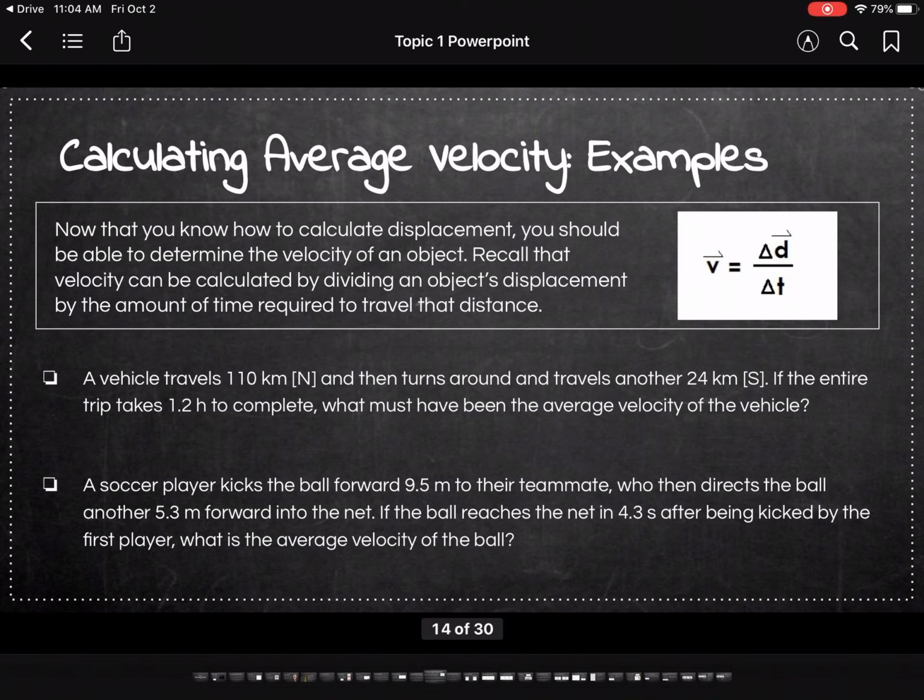How we would calculate average velocity. So we need to do some questions that involve this. So it says, now that you know how to calculate displacement, you should be able to determine the velocity of an object. Recall that velocity can be calculated by dividing an object's displacement by the amount of time required to travel that distance.